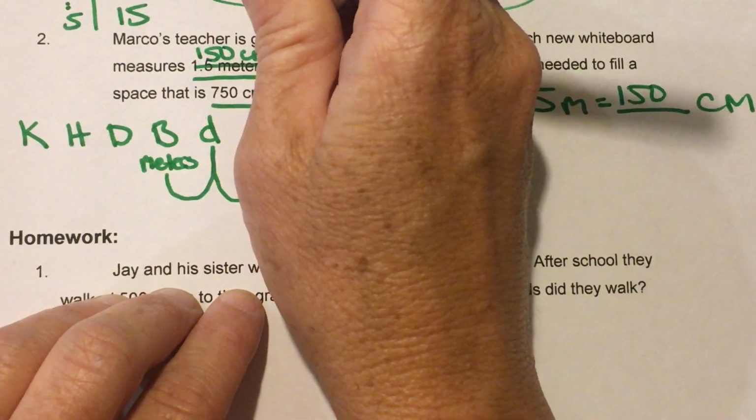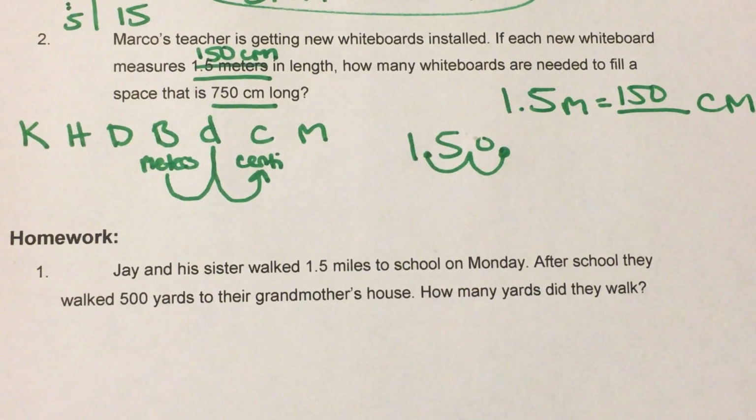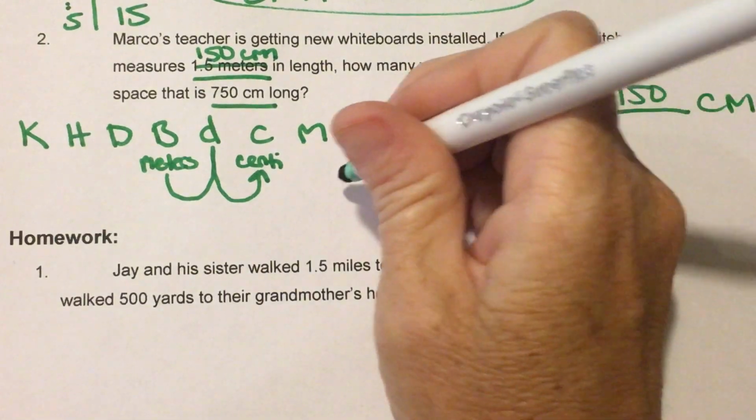So let's change that. Okay, so now if each whiteboard's 150 centimeters and she needs to fill 750 centimeters, how many whiteboards are needed? So now we just kind of have to figure this out.